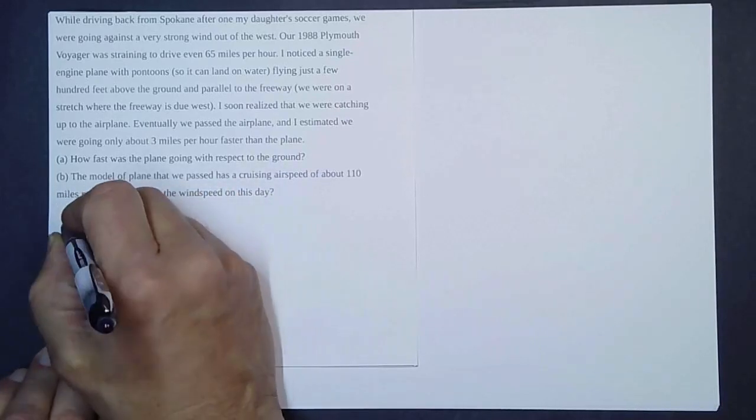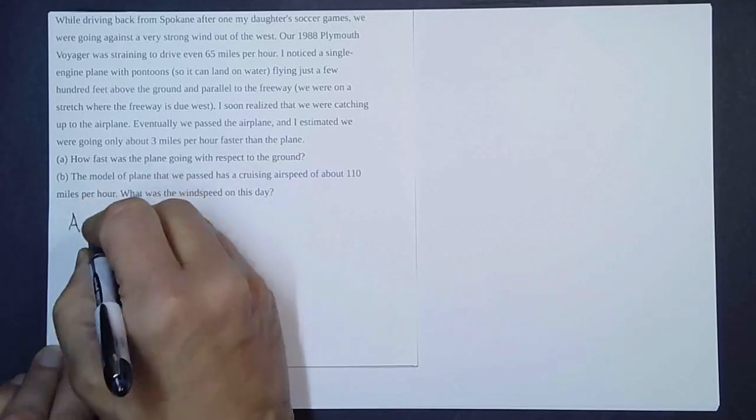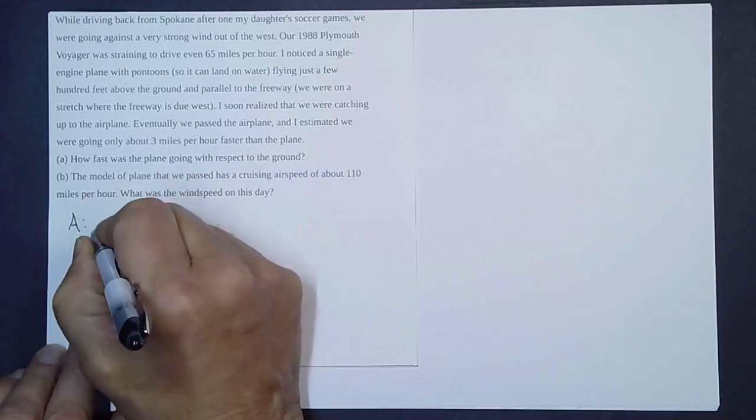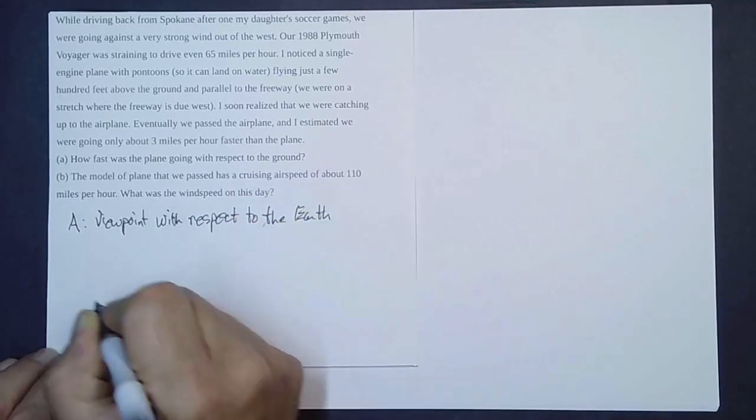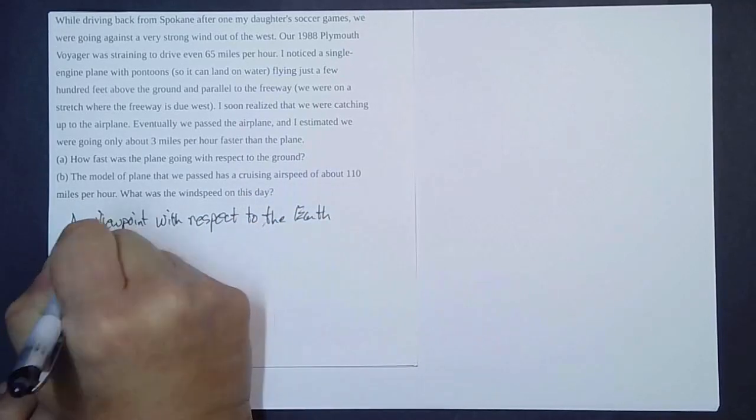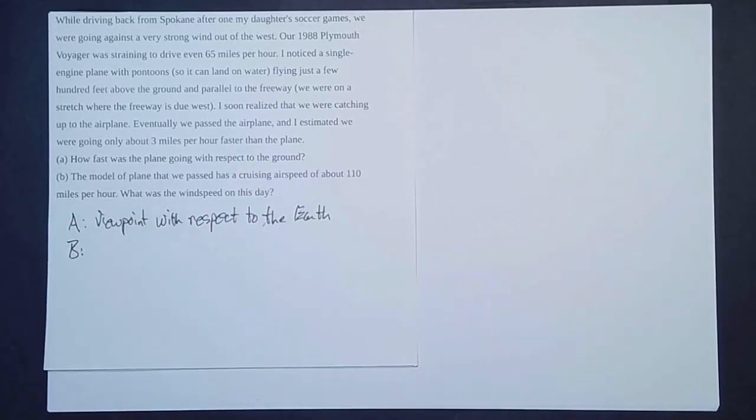Reference frame A, we're going to call the one that's with respect to the Earth. Reference B, in this case, is going to be a viewpoint or a reference frame with respect to something that's moving at constant velocity that usually we know the speed of.